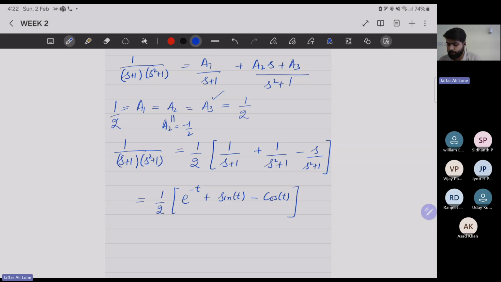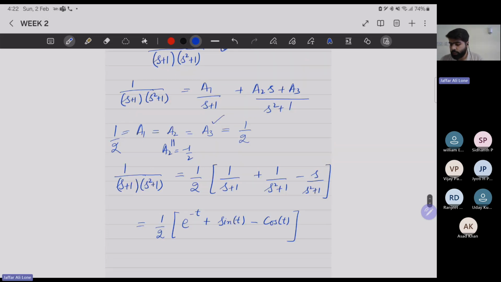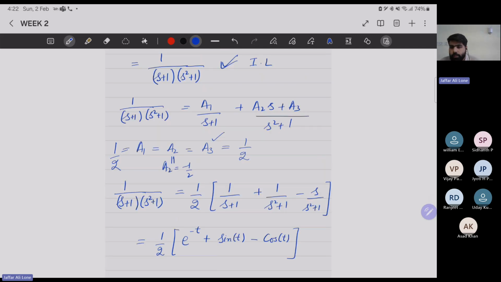Whenever you do partial fractions, if you have a linear function in the denominator, then you take a constant in the numerator. If you have a quadratic function in the denominator, then in the numerator you take a linear function, and so on. Here you have a linear function, so you take a constant. If you have quadratic, you take a linear. If you have a cubic, you take a quadratic.